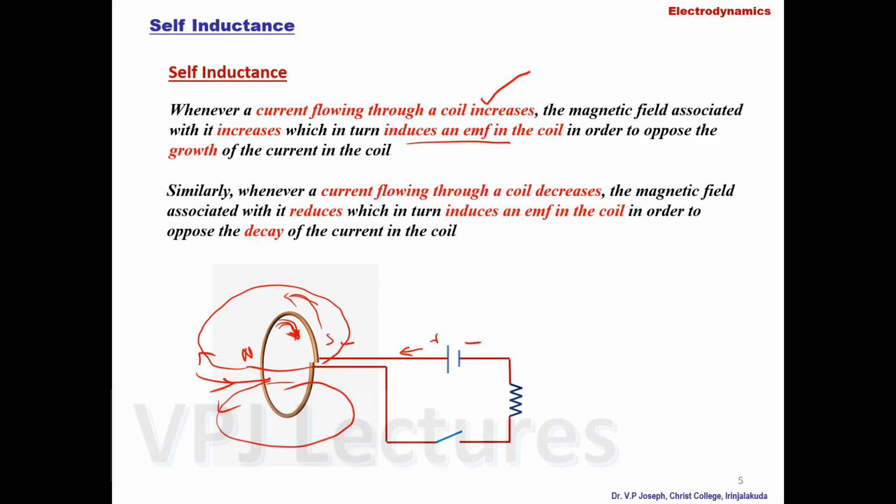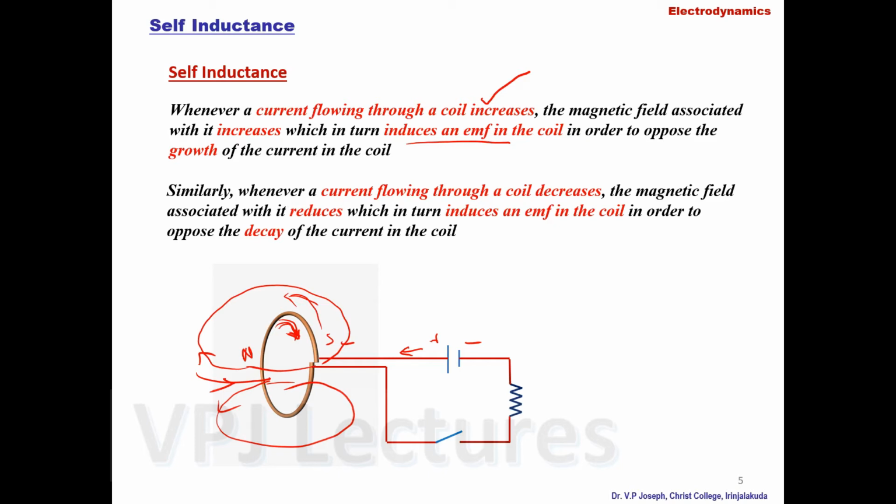So it tries to regain the current by allowing the conductor to increase the current in that direction by making use of an induced EMF. So during the switching off process, the induced EMF will be in the same direction as, or the current induced will be in the same direction as, that of the external current actually flowing.